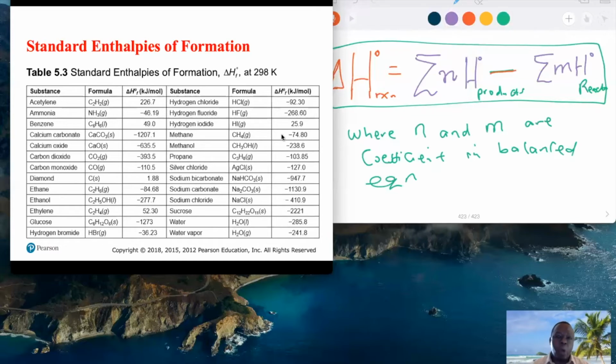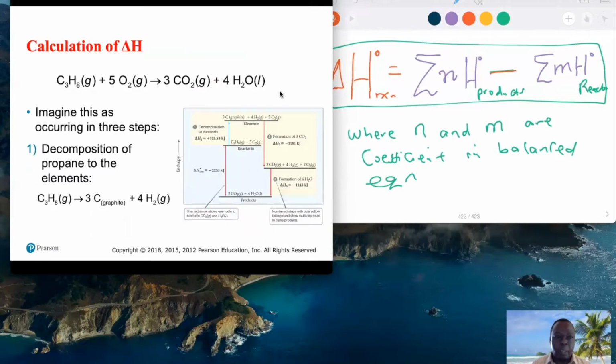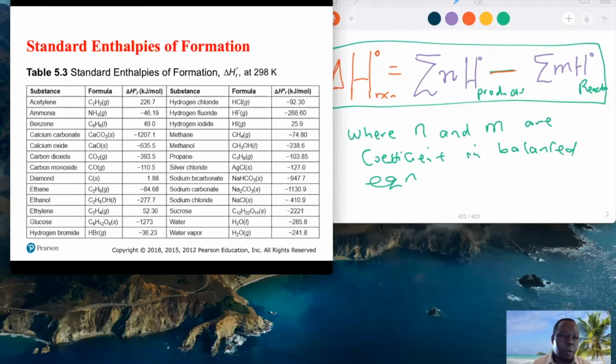So where we are going with this, you'll be given that, so that when you are presented with this equation, liquid H2O, gaseous CO2, and then you subtract times 5 for oxygen gas, and times 1 for propane. This is propane gas. So if I know propane, C3H8, you'll have to plug it into the equation.